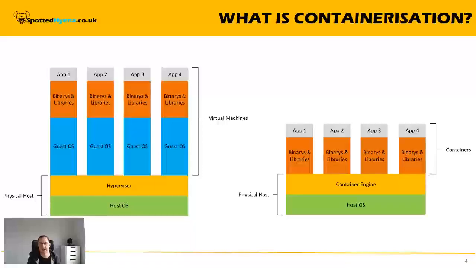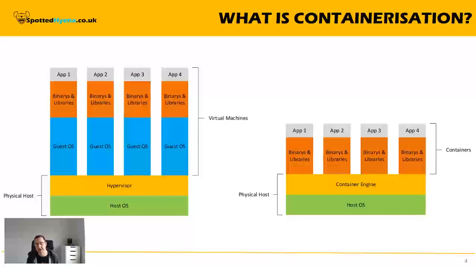So this is perfect if you've got a lot of different versions of applications that run on different binaries and libraries, because they won't interfere with each other being on the same server. You can also have storage savings here. You don't have a guest OS on each of your containers. You just have the binaries and libraries that that container requires.